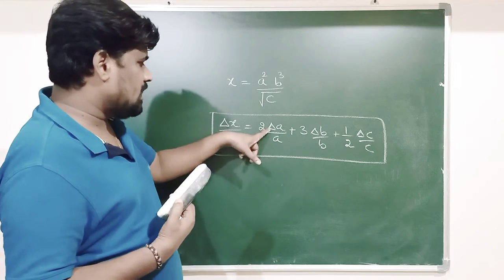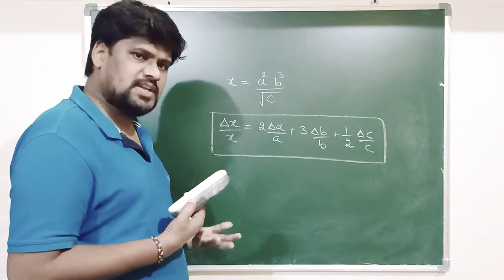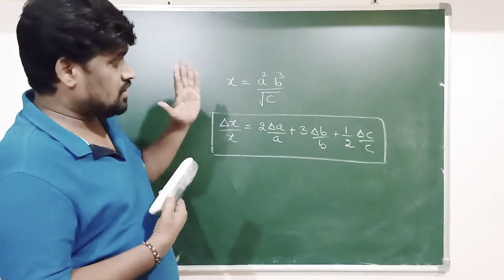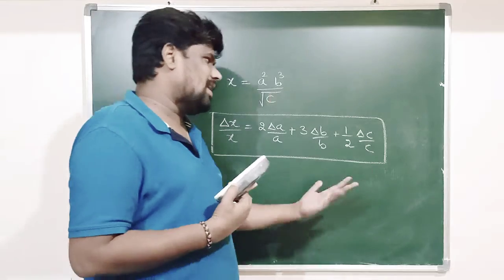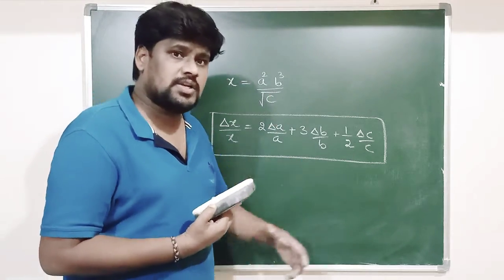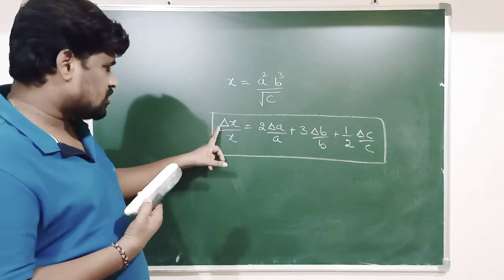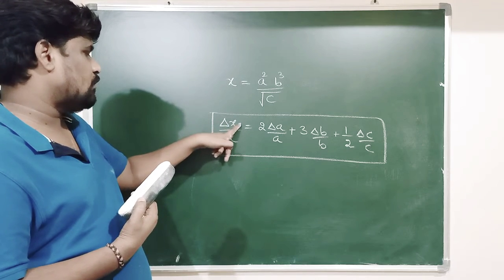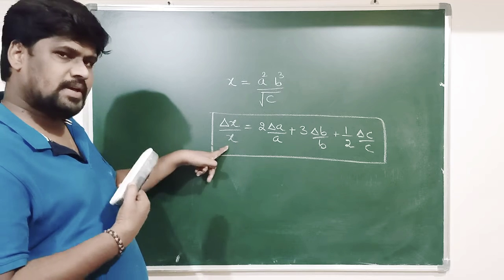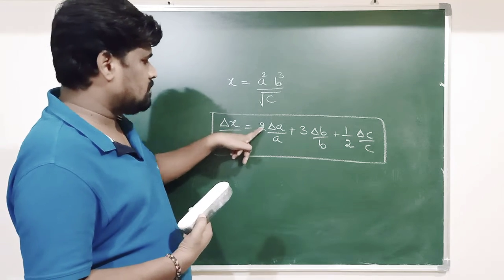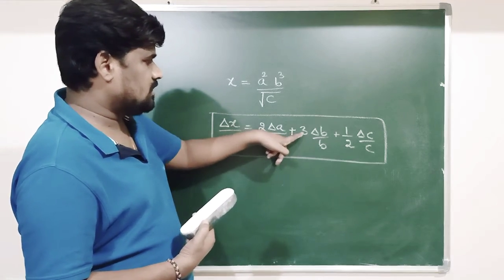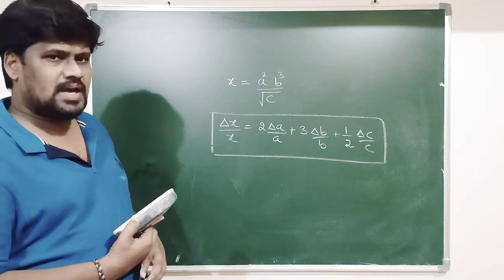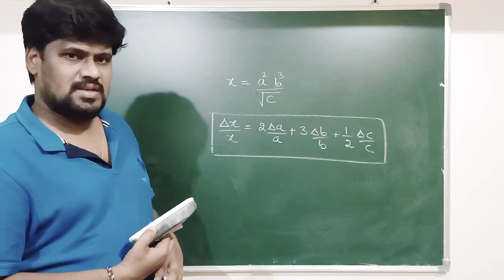Suppose delta a by a is a fractional change in a, delta b by b is a fractional change in b, delta c by c is a fractional change in c, then the fractional change in x can be calculated by using the formula delta x by x is equal to 2 times delta a by a plus 3 times delta b by b plus 1 by 2 times delta c by c.